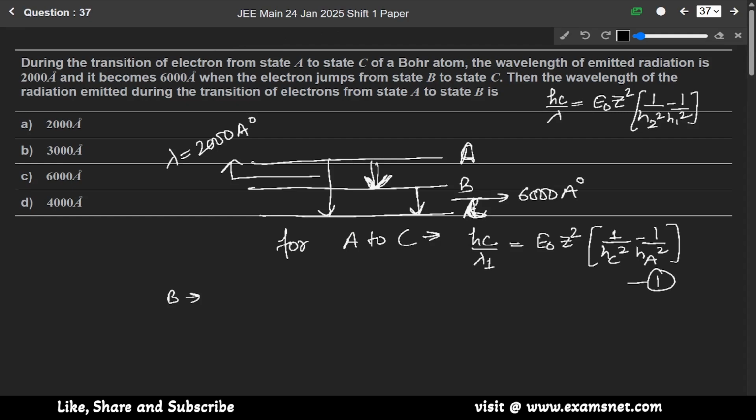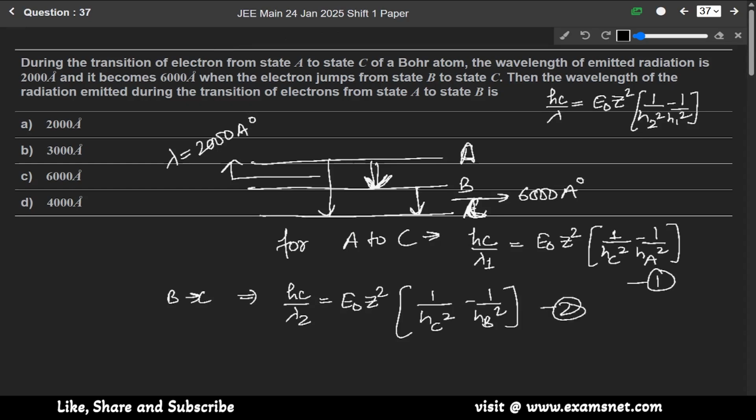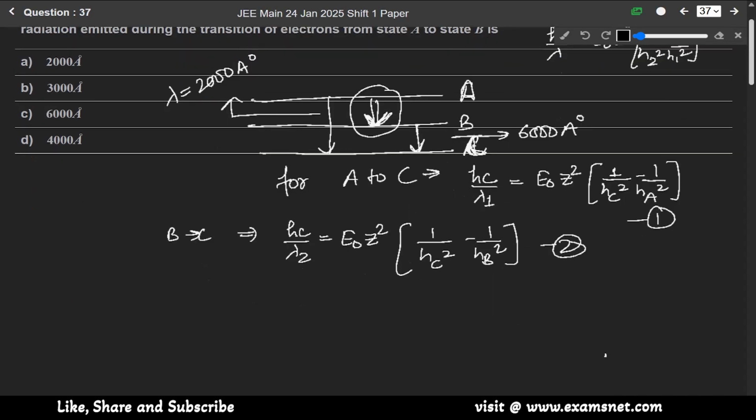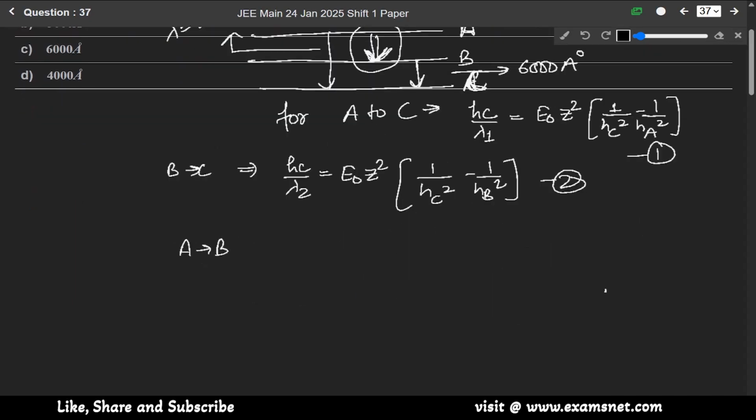And for B to C, it will be Hc over lambda 2 equals E naught z square into 1 over n c square minus 1 over n b square. Let us say this is equation number 2. And in the question, we are asked to find from A to B. So for A to B, the equation will be Hc over lambda 3 equals E naught z square into 1 over n b square minus 1 over n a square.